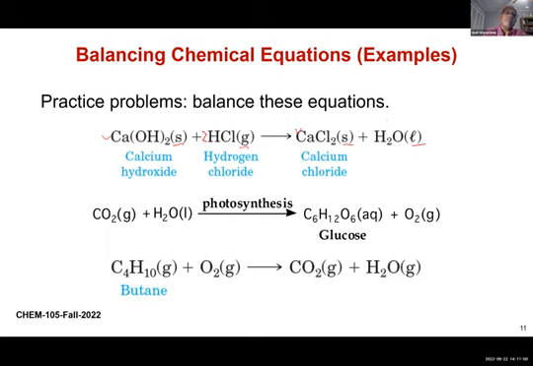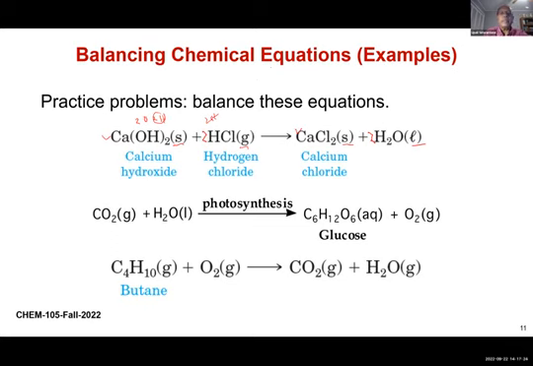How many? There are 2 oxygens here, 2 hydrogens here. 2 plus 2 is 4. So therefore, we have to put a 2 in front of here to balance hydrogen. 2 and 2 hydrogen.